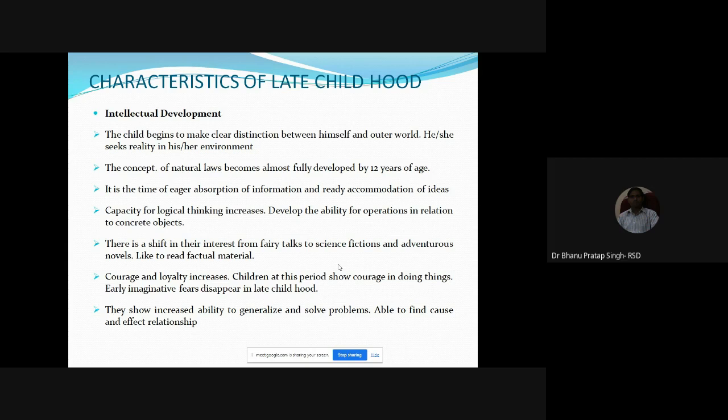They start to lose early imaginative fears and become a little bit bold. They show increased ability to generalize and solve problems. They become able to find cause and effect relationships.